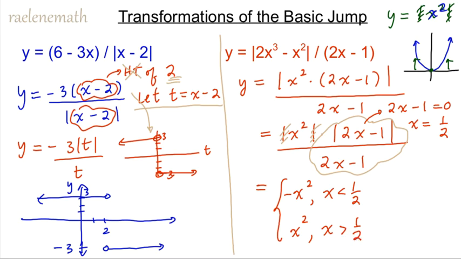Recall that the denominator can't be 0, that's why we don't have an equal to for x equal to 1/2. So this graph is a piecewise absolute value graph, and I can draw the vertical line of x equal to 1/2 quite lightly, just to remind me where the two pieces change.